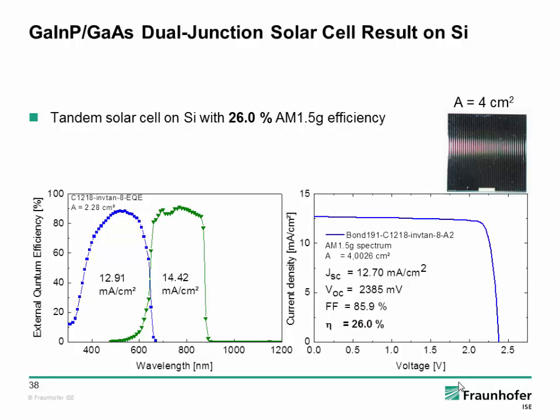So we did that. We started first with gallium phosphide, gallium arsenide on inactive silicon substrates, and this is a tandem solar cell with an AM1.5 global efficiency of 26%.